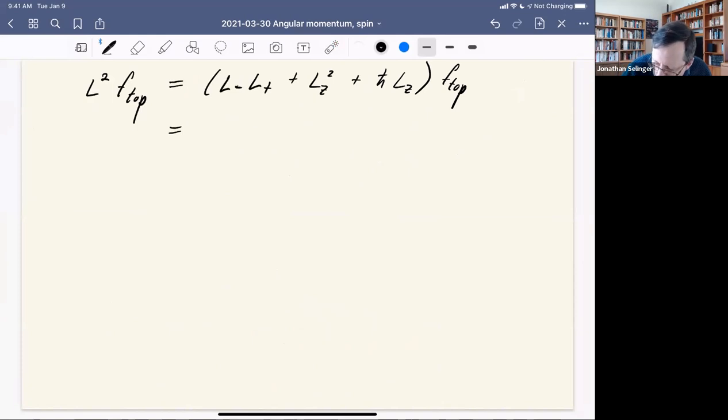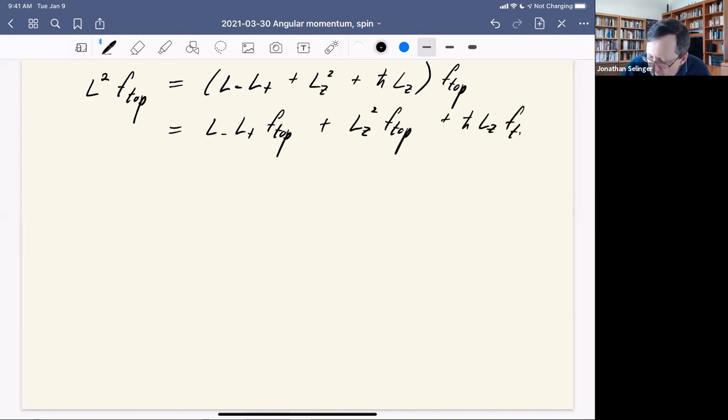We distribute all this out: L minus L plus acting on F top, plus LZ squared acting on F top, plus H bar LZ acting on F top.